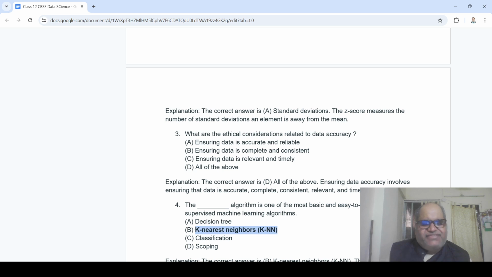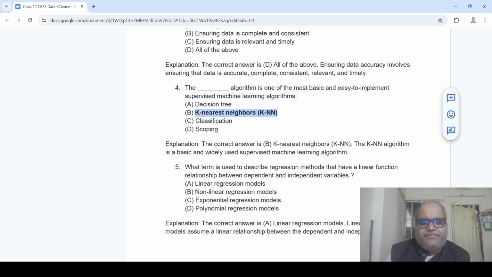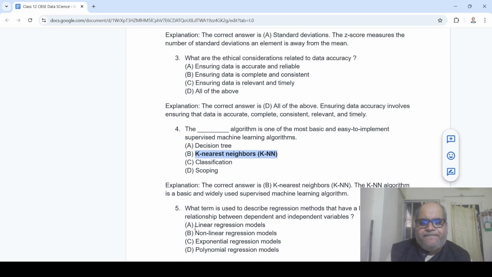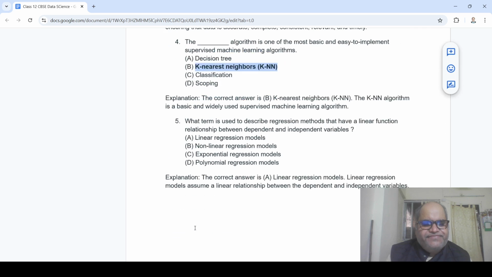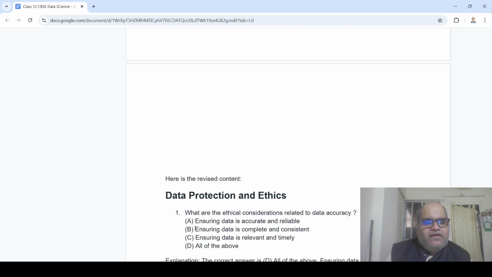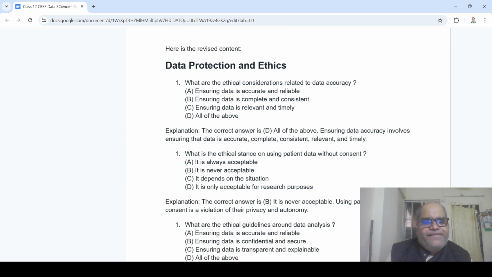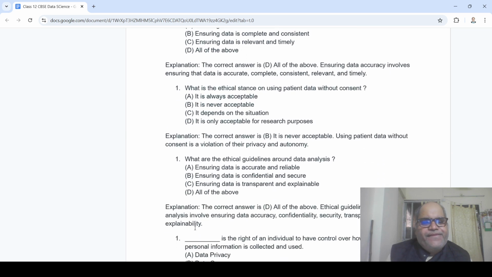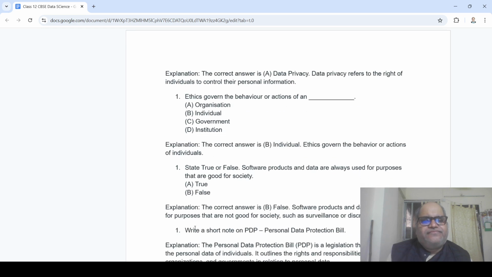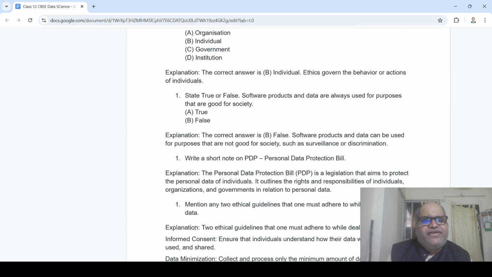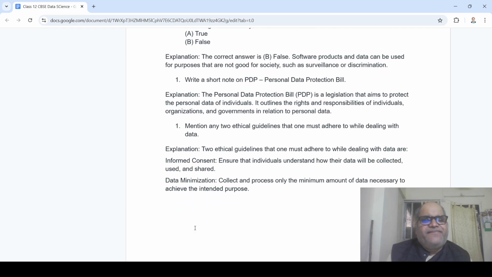Classification and regression are general terms. The term that describes regression methods that have a linear function relationship between dependent and independent variables is linear regression models. You can review these ethics related things separately.